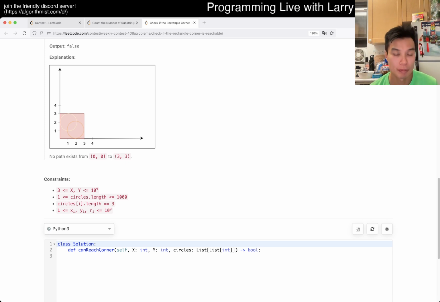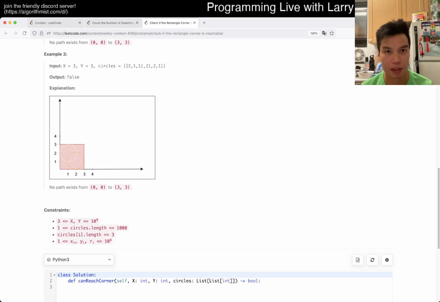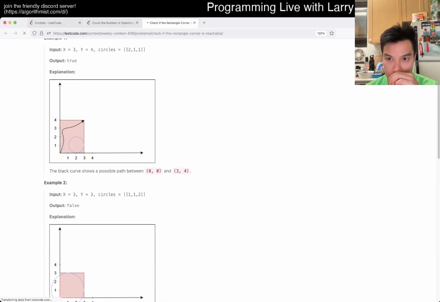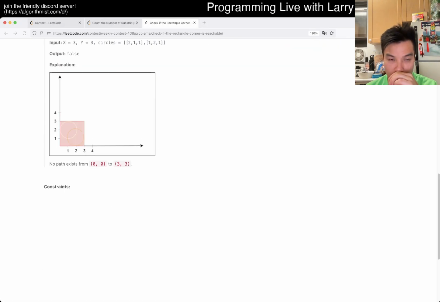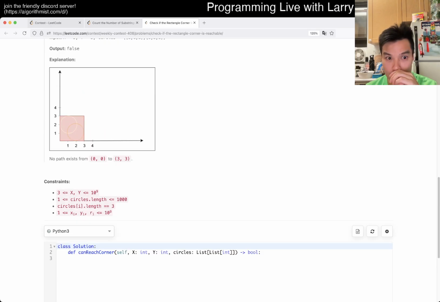Oh, okay, that is the idea. The idea is whether you can go from left to right, or okay, fine, I get it. Okay, maybe, I don't know if that's true.